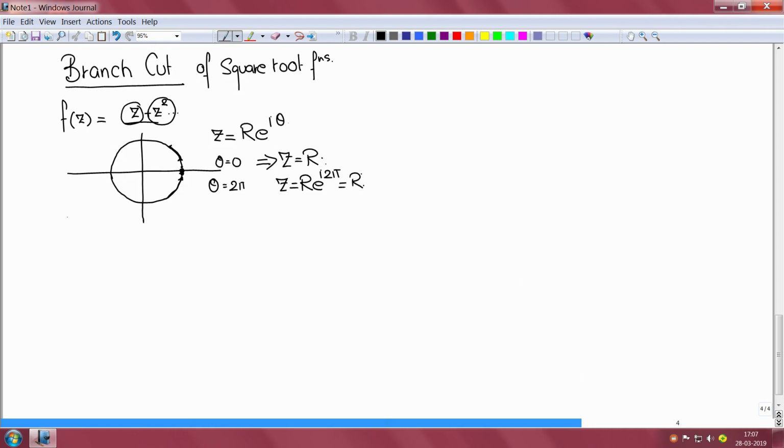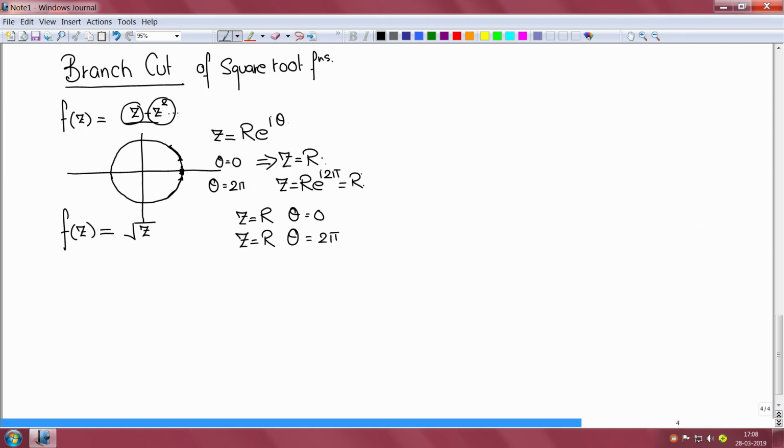But imagine f of z in the simplest case has square root of z, or z to the power half. As before, the circular movement of z brings me back to the same point. z is equal to r when theta equals 0, and z again is equal to r when theta is equal to twice pi. There is no problem.